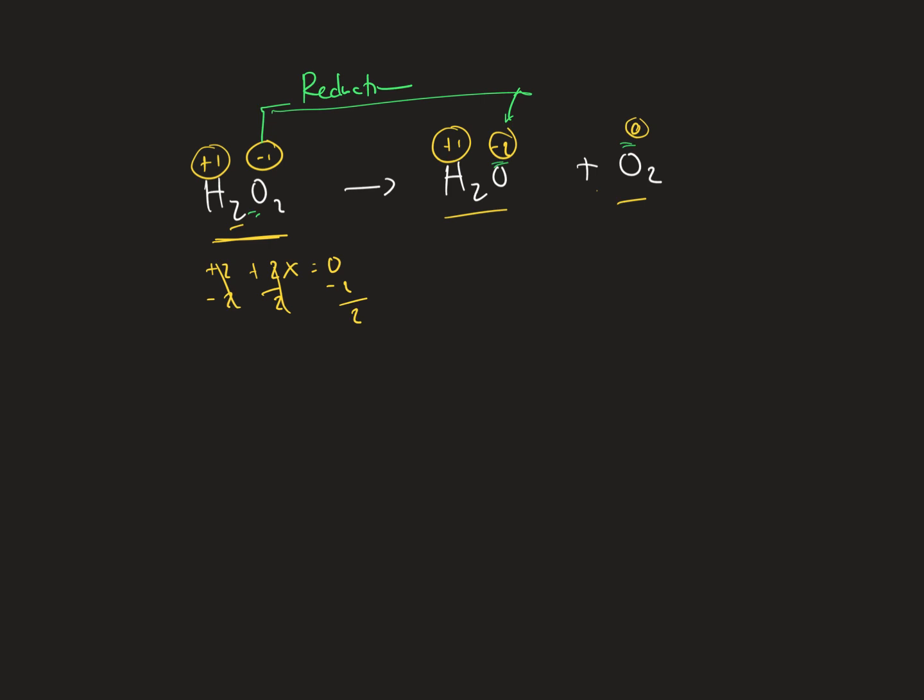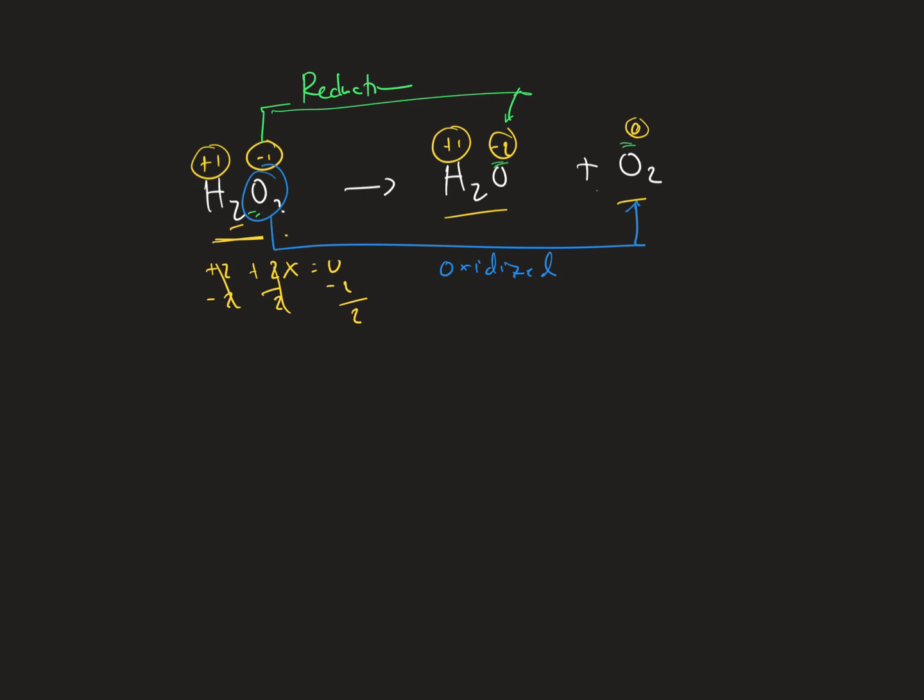And then if you go from here to here, because you can't really go from here to here because it's on the same side, this one right here gains electrons, so it's oxidized. So this oxygen is both reduced and oxidized. Does that make sense?